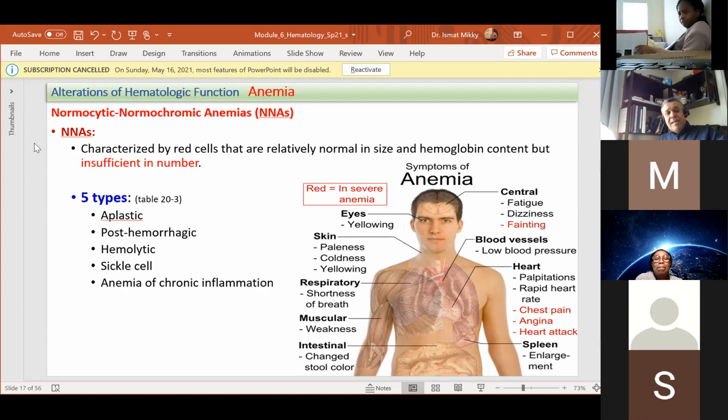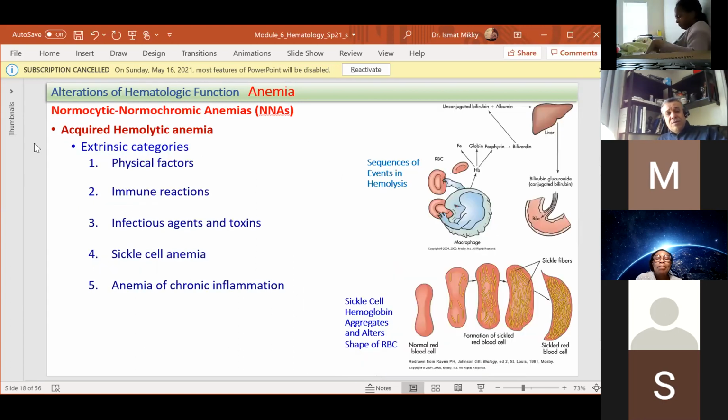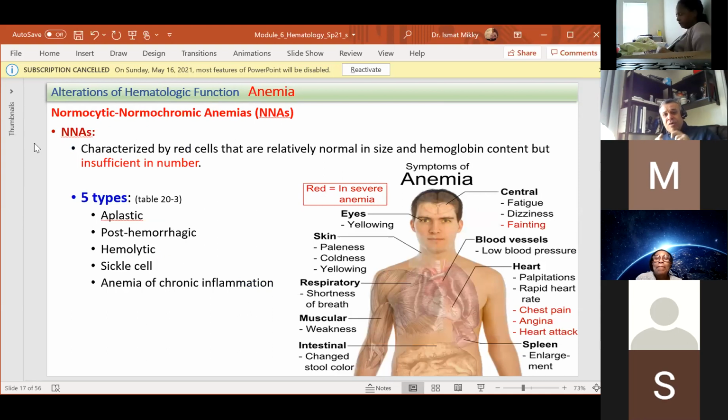Now, I'll just briefly go over each type. Like the aplastic anemia, it can be congenital due to chromosomal alterations, for example.